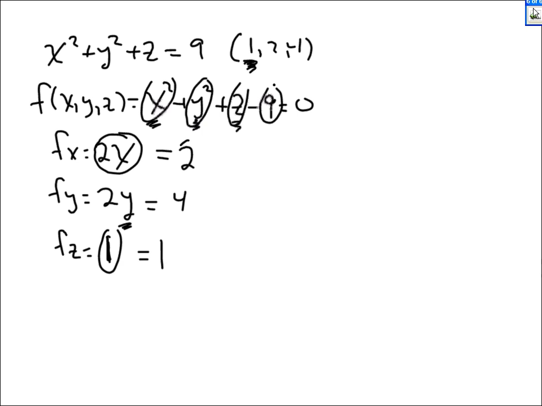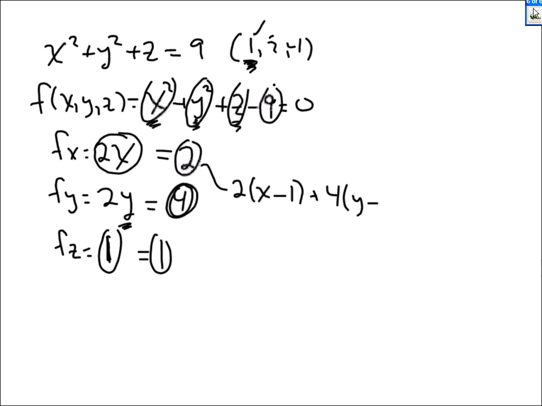So now that we have these values, it's a piece of cake to write down the equation of the tangent plane. It's 2 times x minus 1 plus 4 times y minus 2 plus 1, which I won't write, let me write it, times z minus 4 equals 0. That's the equation of the tangent plane.